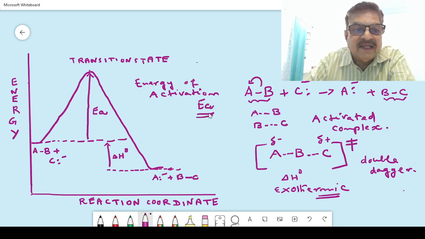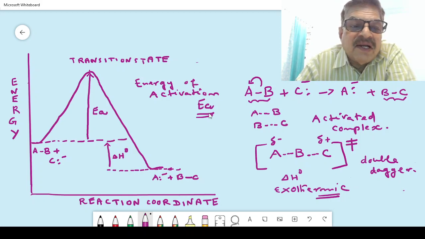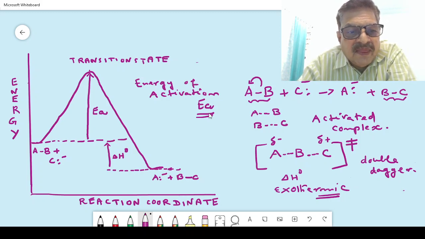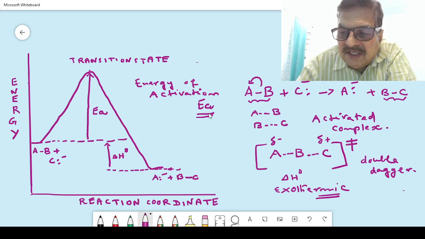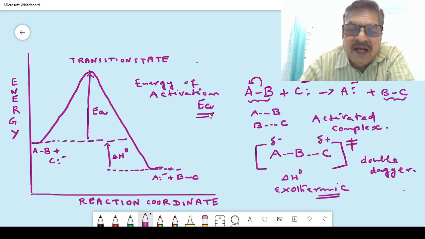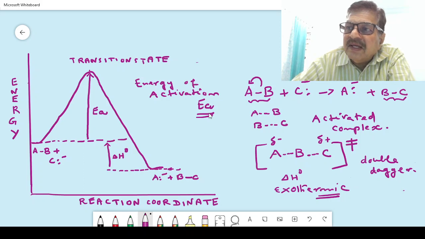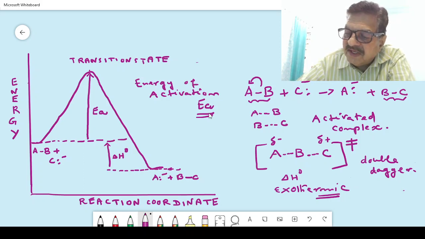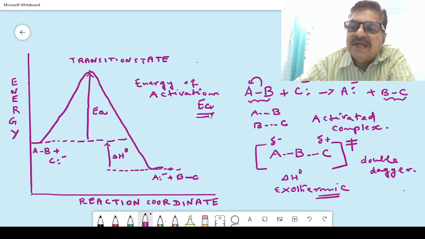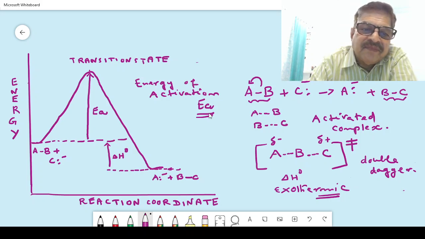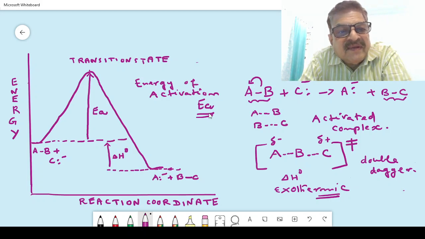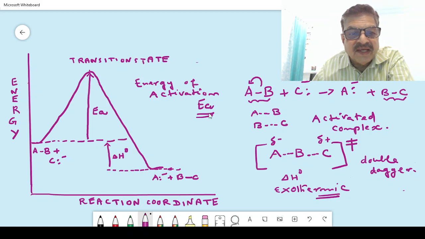It is the energy between the unstable transition state and the starting materials. EA is the minimum energy needed to overcome the barrier. This is the energy barrier, and any reaction to proceed must overcome it.